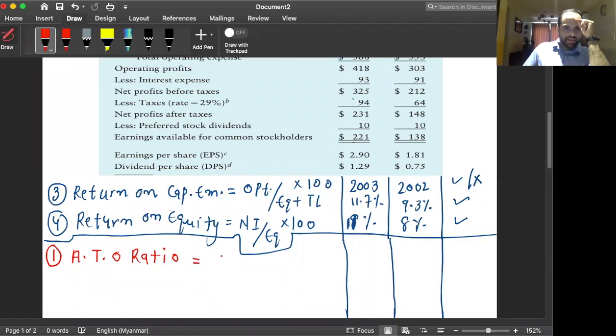So the formula is sales divided by total assets, right? Multiply by 100. So calculate for 2003 and 2002 and tell me how much this is.